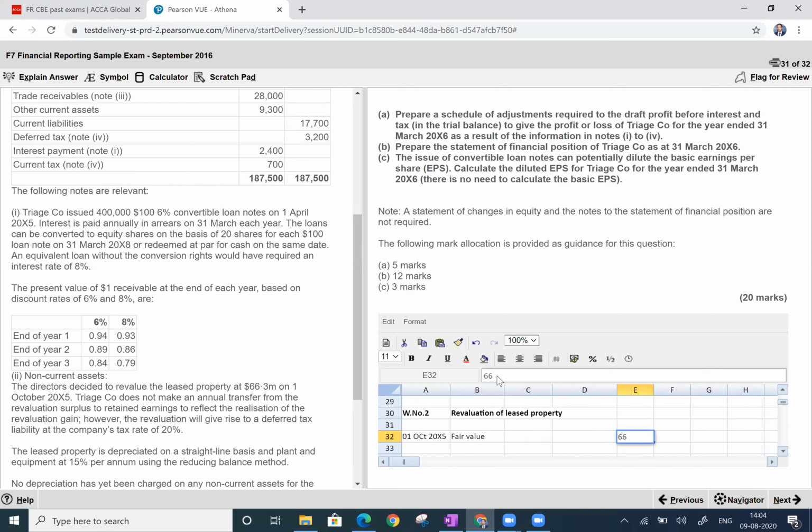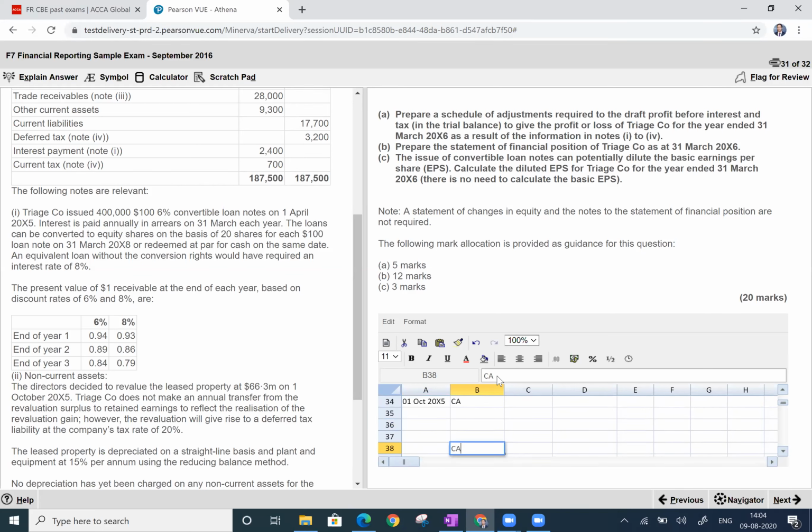Now, to know the revaluation gain or loss, what you have to do? You have to compare fair value with carrying amount at the same date. So now you have to calculate the carrying value of leased property at 1st October 20X5.